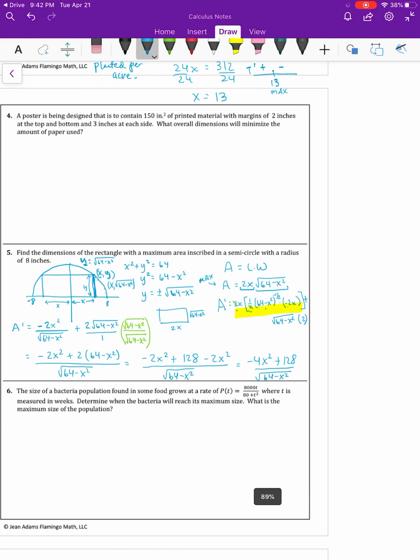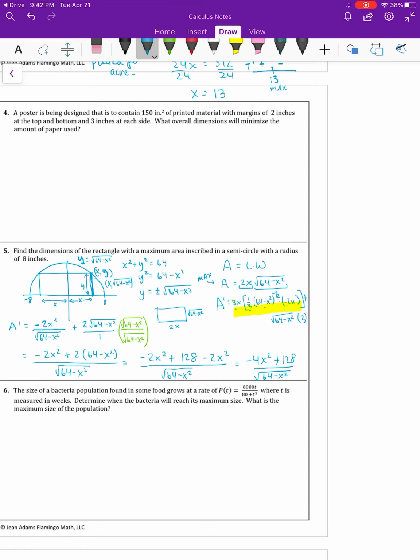So we've got negative 2x squared plus 128 minus 2x squared over the square root of 64 minus x squared. That gives us negative 4x squared plus 128 over the square root of 64 minus x squared. Okay, so that is our derivative.